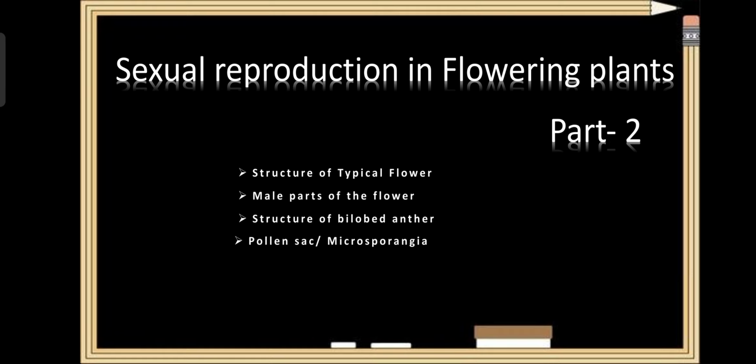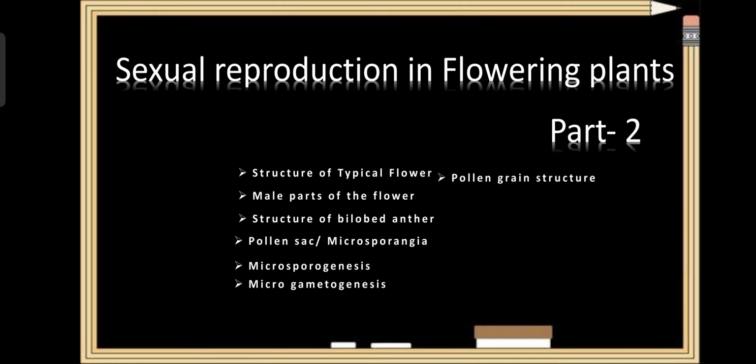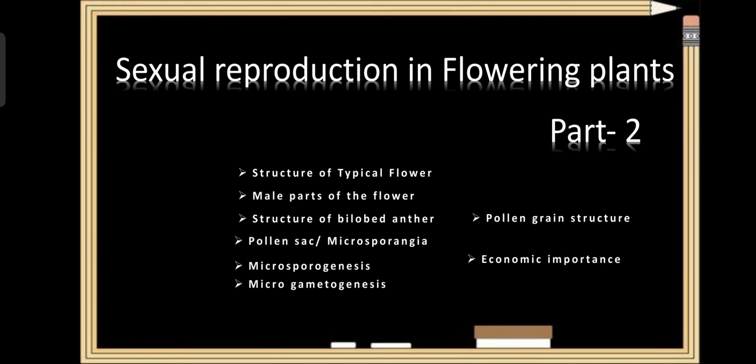The pollen sac can also be called the microsporangia, a process called microsporogenesis, which involves the formation of the microspores, microgametogenesis, that involves the formation of the two male gametes in the pollen grain, structure of the pollen grain, and economic importance of the pollen grain.